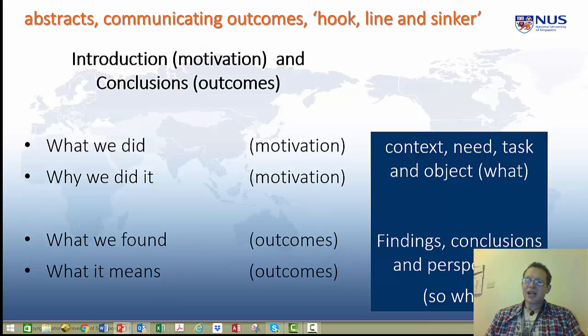Now, unlike the introduction, even though you're going to follow a similar structure to the introduction section, your reader is different. So you're going to state the context, the need, the task, and the object of the document, much as you did in the introduction. But of course, you've maybe got 200 words, and your reader is definitely different.